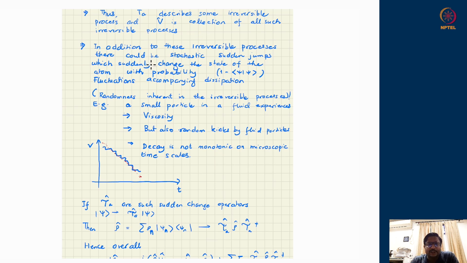So these irreversible processes should also be associated with stochastic sudden jumps, not just dissipation, which change the state of the atom momentarily at least, with some probability 1 minus ⟨ψ|ψ⟩.